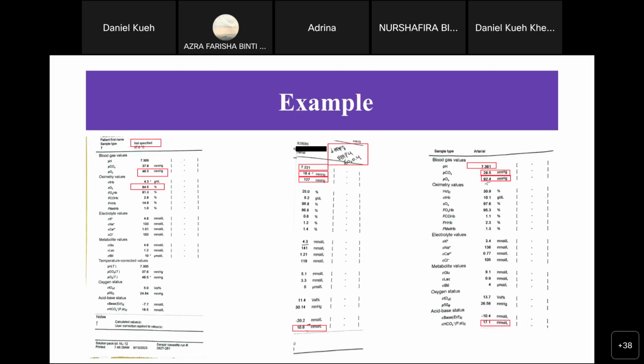So just now I talked about the mnemonic. So the very first example we look at is the most left one. You can see that it is a non-specified sample. So how do you want to determine if this is a venous blood gas or an arterial blood gas? You look at the PO2. Since the PO2 is very low, and the patient is stable, it means that this is a venous blood gas.